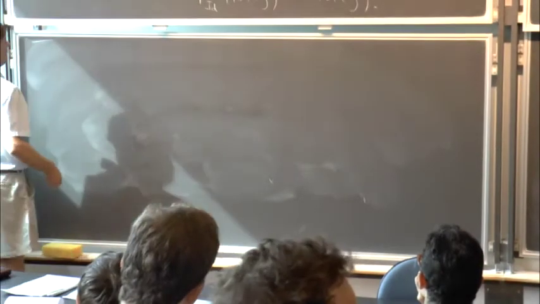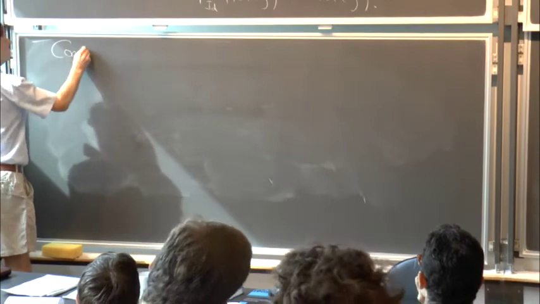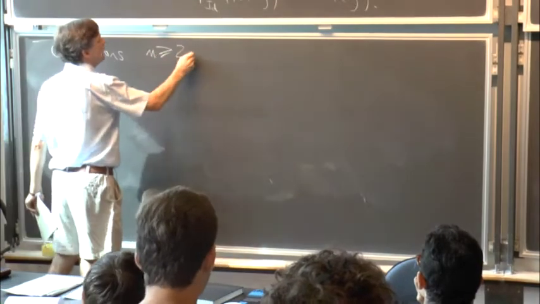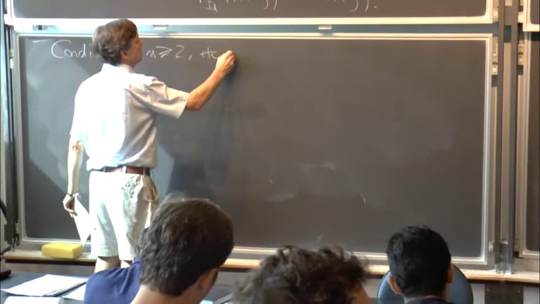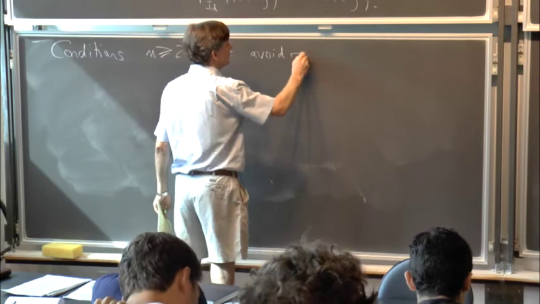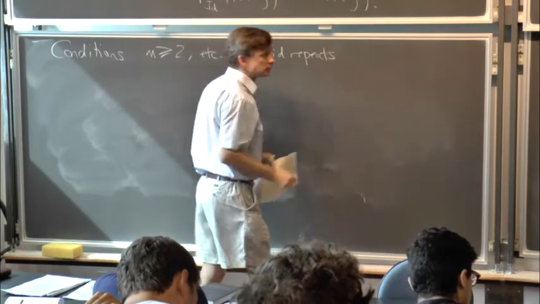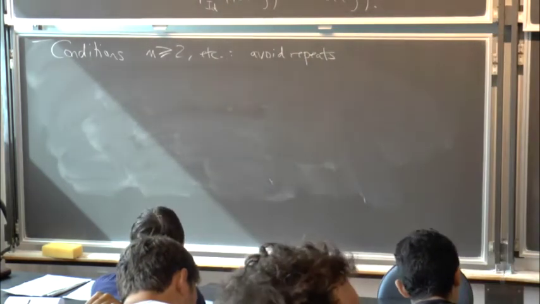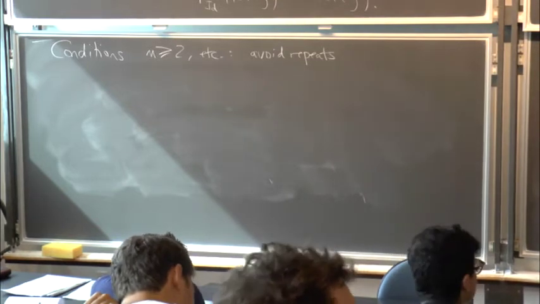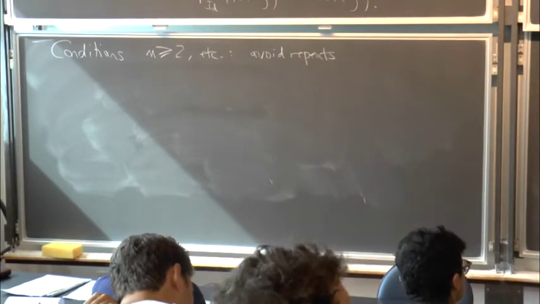Okay, so the conditions m greater than 2 and so on, they're to avoid repeats. So you don't need them. It's just that if you leave them out, then some groups appear twice.